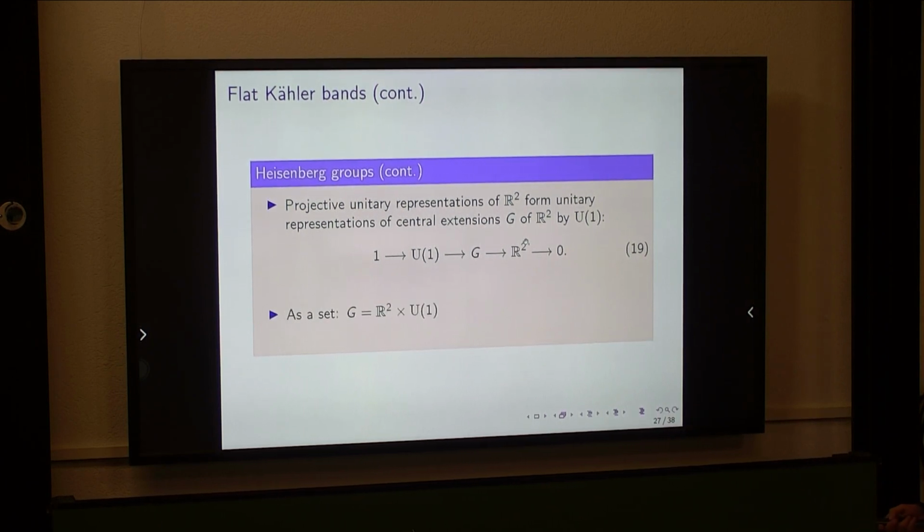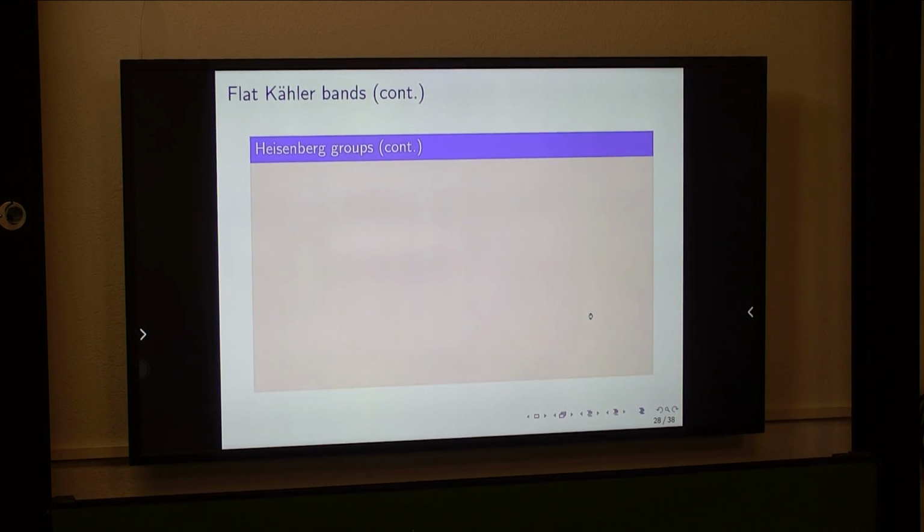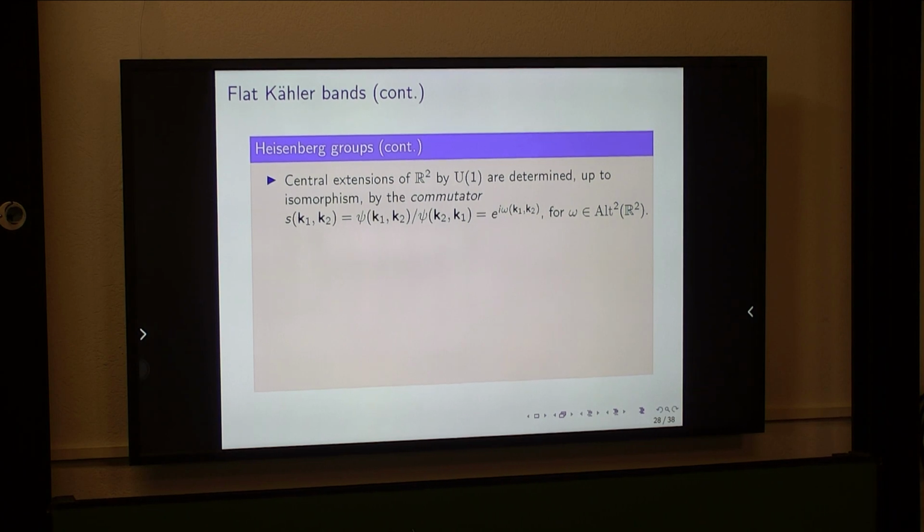And as a set, I have the product of R² by the circle group, but the product law is shifted by that cocycle that appeared there. Okay, so the first factor is just the ordinary group law. The second factor is the product with this. Okay, very nice.